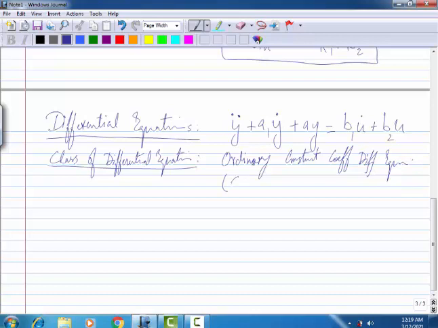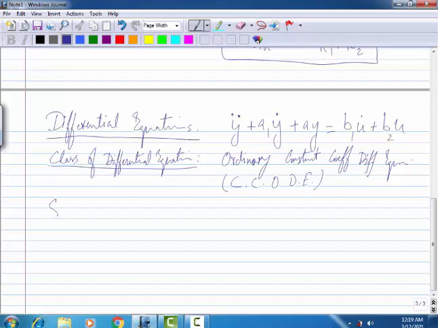Because these are continuous, some people write it as a continuous constant coefficient ordinary differential equation. So the question is how we solve this.